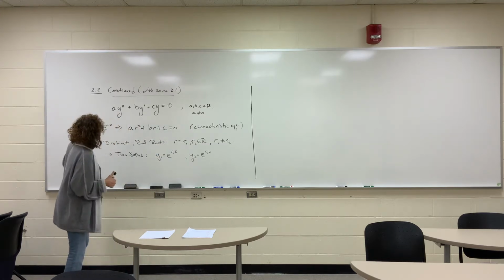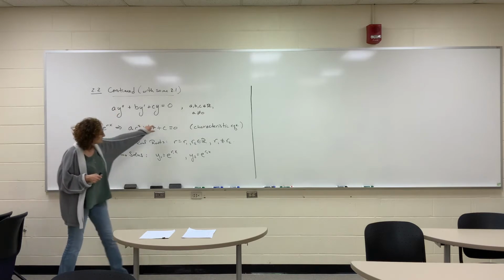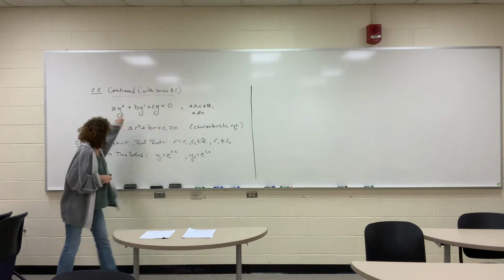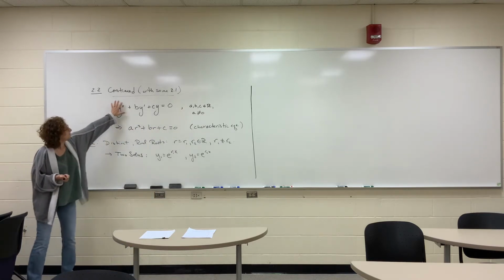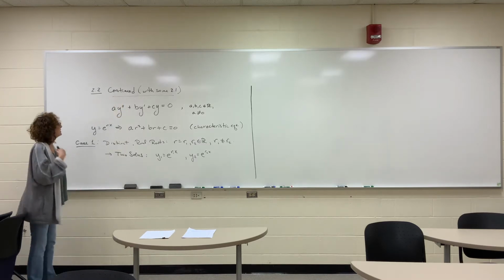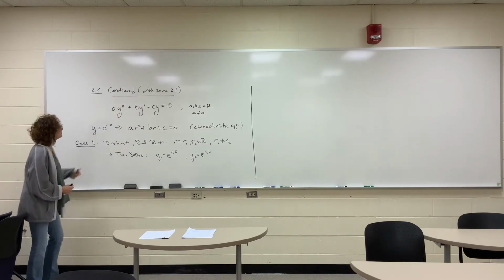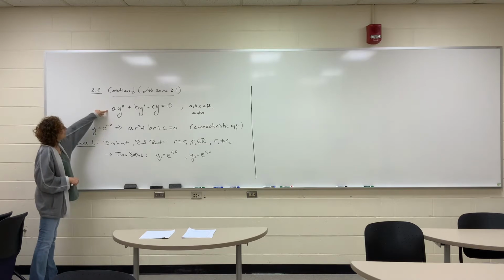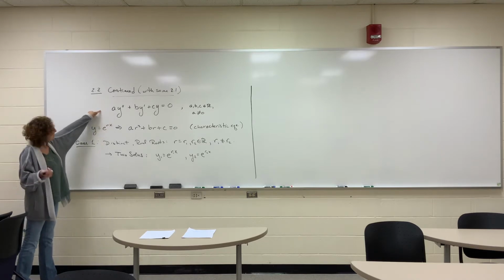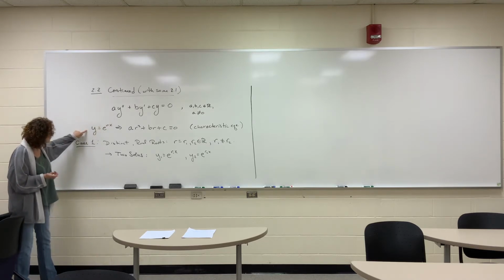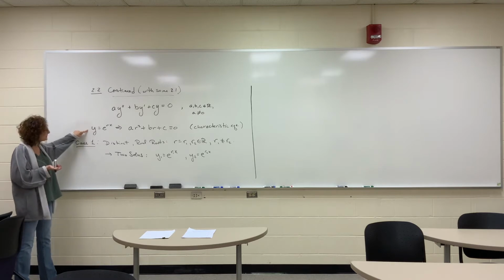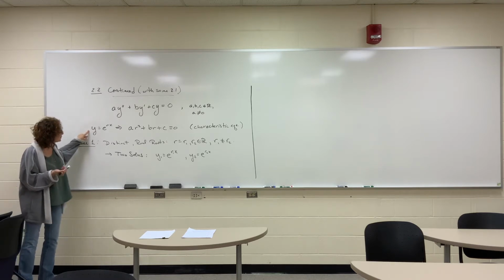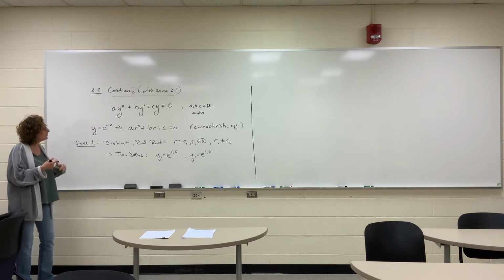All right, so what did we do last time? We had constants a, b, and c, where the leading constant is not 0, because then it wouldn't be a second order constant coefficient homogeneous ODE, right? And what did we say the idea was? We assume that we have a solution that looks like an exponential, based on our knowledge of exponential functions and their derivatives.